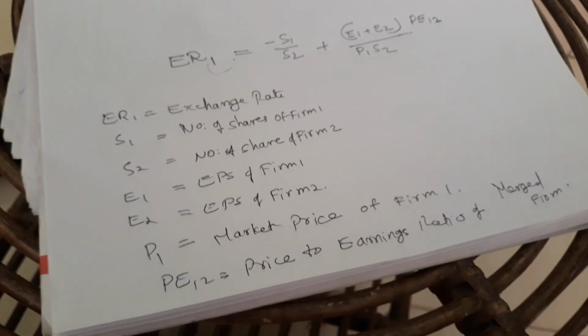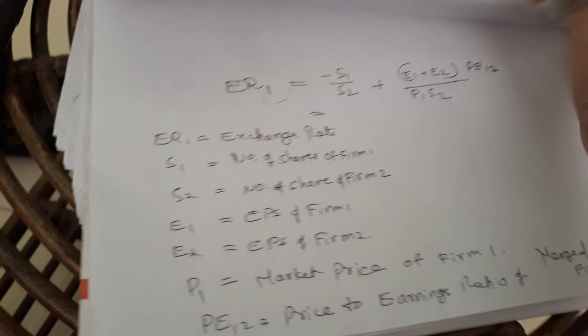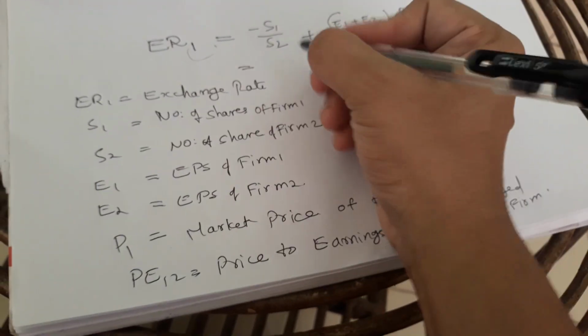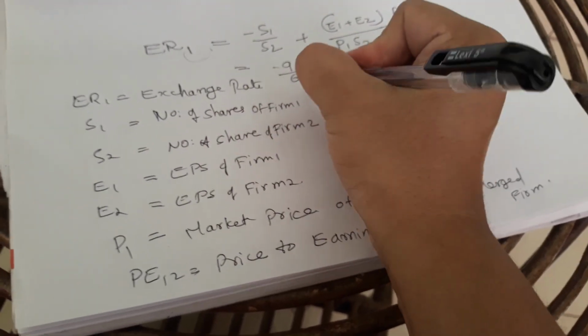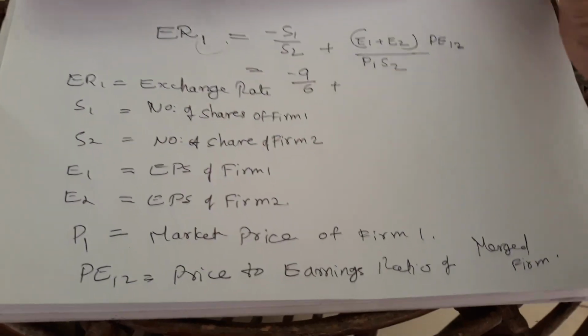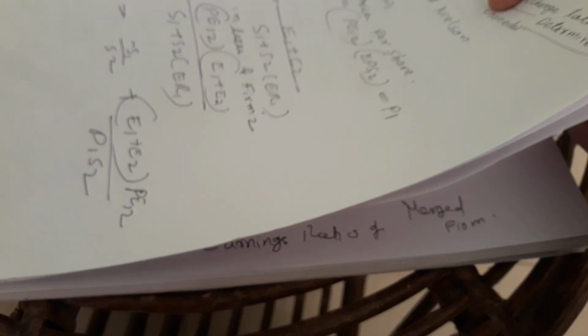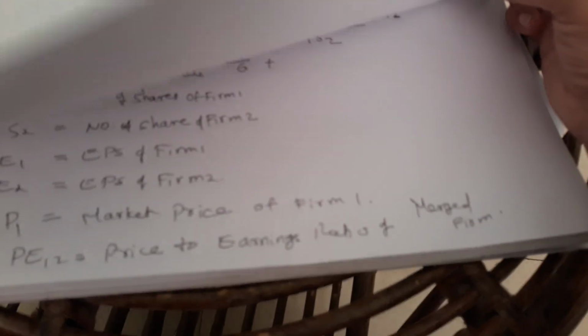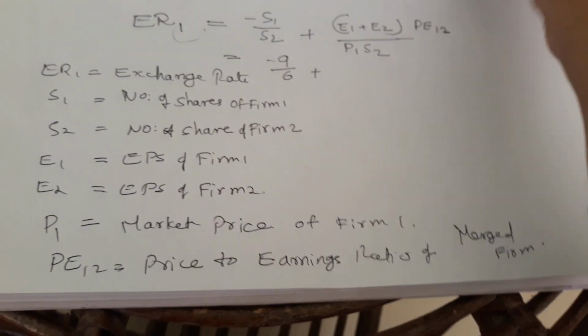So this is how it is. Now let's substitute the values. S1 is the number of shares. The number of outstanding shares of firm 1 is 9 whereas firm 2 is 6, plus earnings E1 plus E2. So what is E1 plus E2?